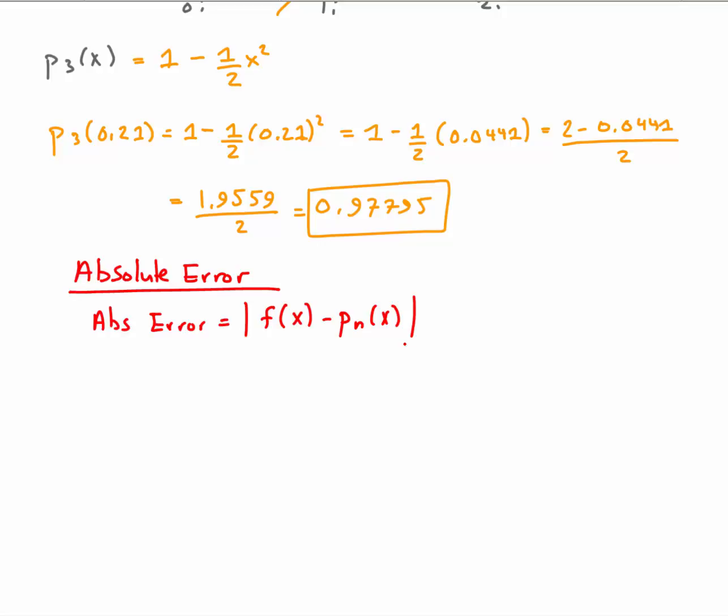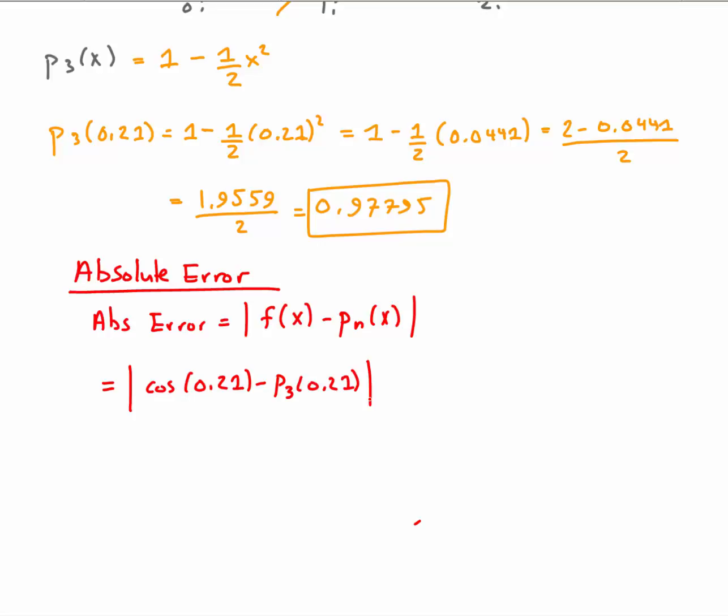So for this particular problem, in order to find absolute error, you basically need to know the value of cosine of 0.21 to know how far off you are. So for our problem, this would equal cosine 0.21 minus P3 of 0.21.